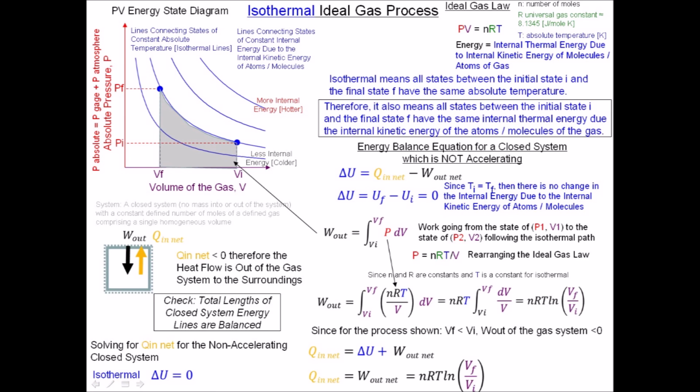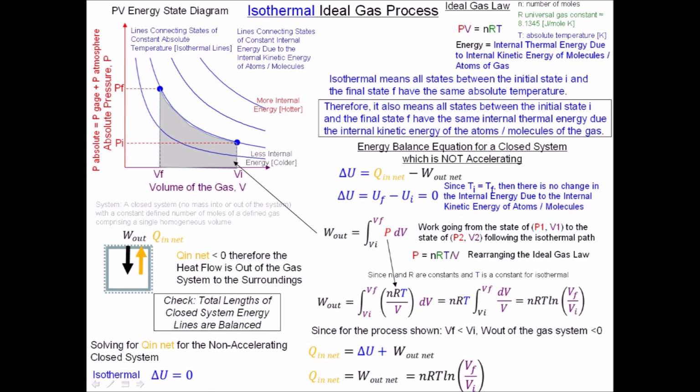Therefore, drawing both the directionality of the work and the heat and representing the magnitude by the length of these lines helps you understand what's actually happening in the system. Therefore, for this isothermal ideal gas process in which the gas is being compressed, work is entering the system and heat is leaving the system. And these two energy terms are exactly balanced.